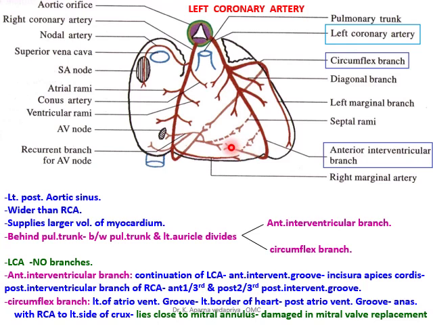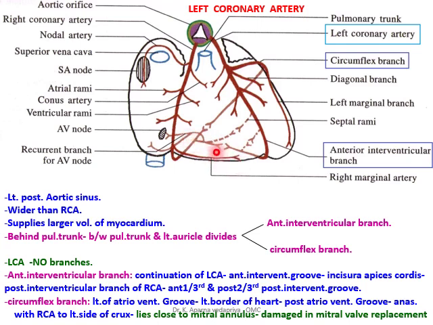and is seen on the diaphragmatic surface, that is the posterior surface, lodged in the posterior interventricular groove, where it anastomoses with the posterior interventricular artery, which is also lodged in the posterior interventricular groove and is a branch of the right coronary artery.